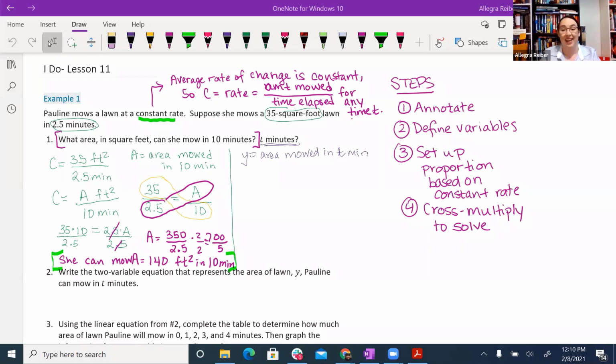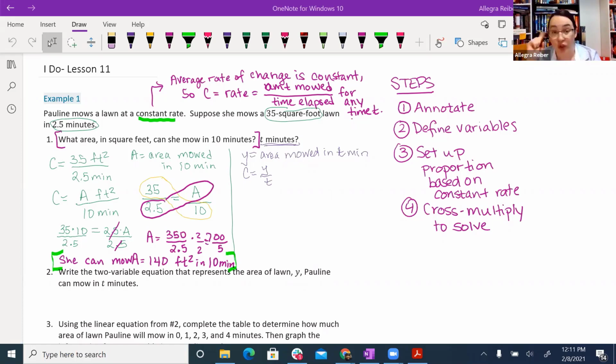And now once again, I'm going to set up a proportion because I know that this constant rate at which she is able to mow should also therefore be equal to my Y divided by T. If it's constant, amount mowed divided by time should be equal no matter what that time is.